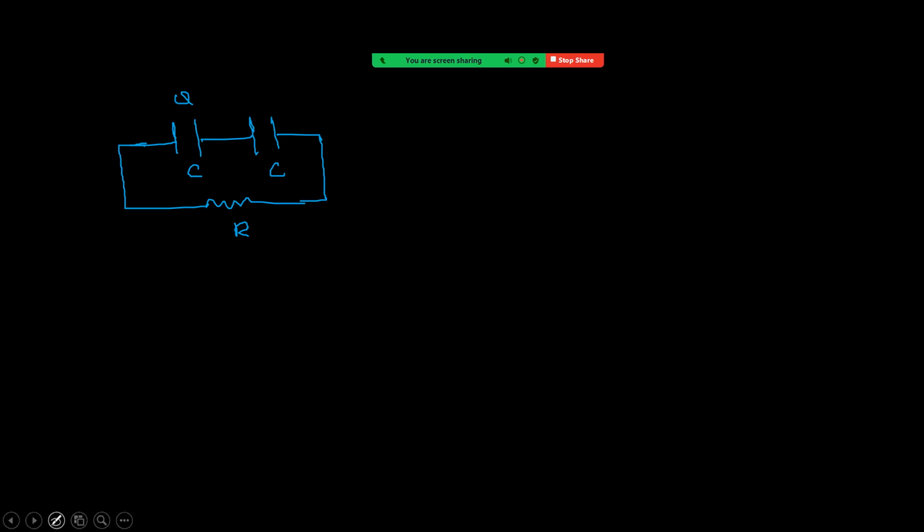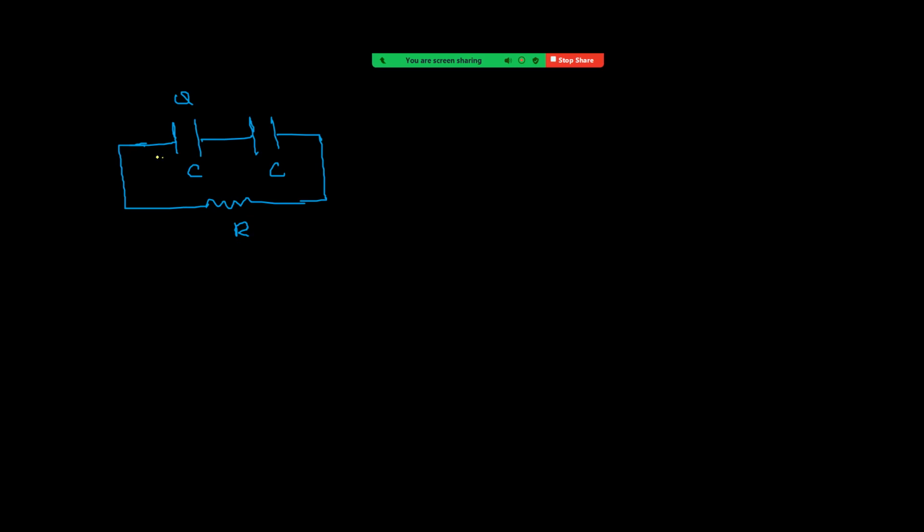Let's see how to first make the circuit diagram. The capacitor which is already charged and the second one which is uncharged are connected through a resistor. Identical capacitors. So we have to find the charge as a function of time on the second one.